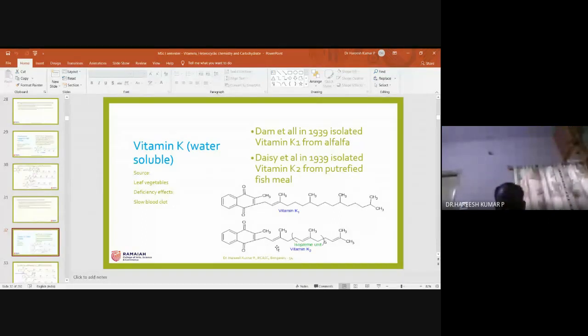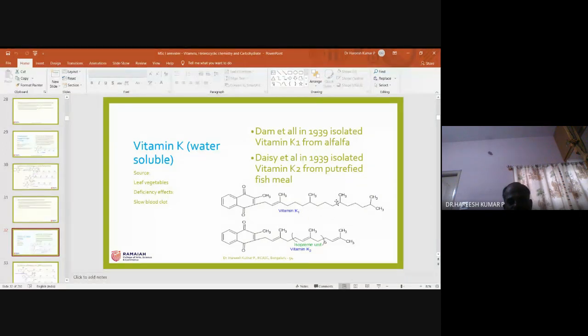So vitamin K1 has around a 20 carbon side chain containing naphthoquinone, and vitamin K2 has a 29 carbon side chain, more particularly isoprene units. Vitamin K2 is isolated from putrefied fish meal, and vitamin K1 is isolated from alfalfa. So this is about the structure.